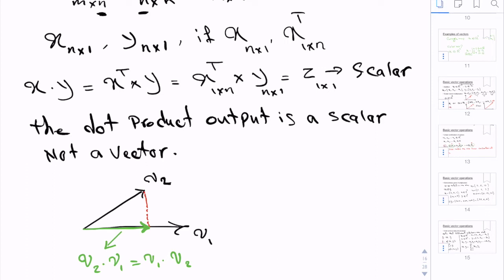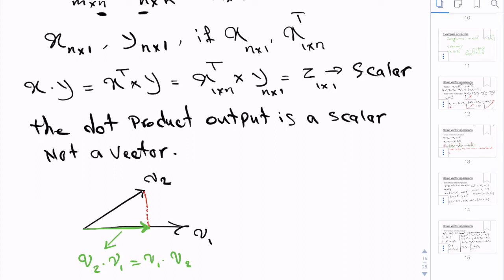As I said, we need some other definitions and concepts to explain more about the dot product, but I will leave it until I introduce the norm of a vector and the angle between two vectors and how they are related to the dot product. But for now, for most data science problems, have in mind that when you want to see how close two vectors are to each other, you can use the dot product, but with some caveats which will be mentioned later.